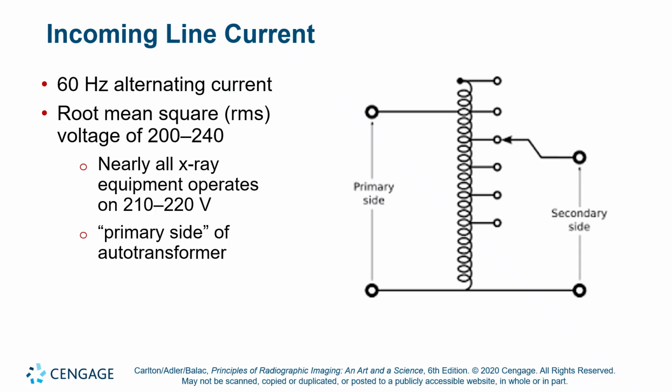Okay, so that's what's coming from the hospital power supply, from the circuit breaker, is this 60 hertz AC wave, roughly 220 volts.